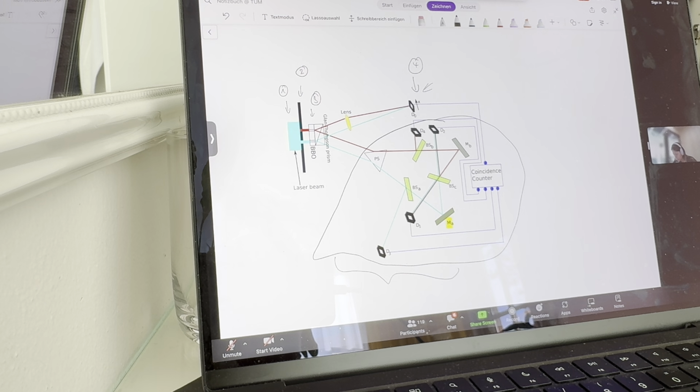And spoiler: even if the detector here detects the photon earlier than the information that we can obtain from here, we will see that on the detector, we will only see an interference pattern if we were not able to extract any information about the path.